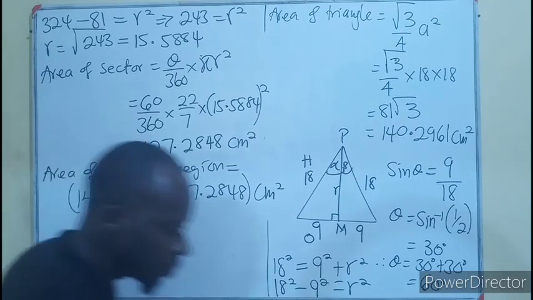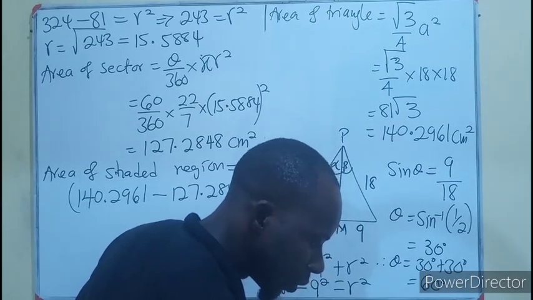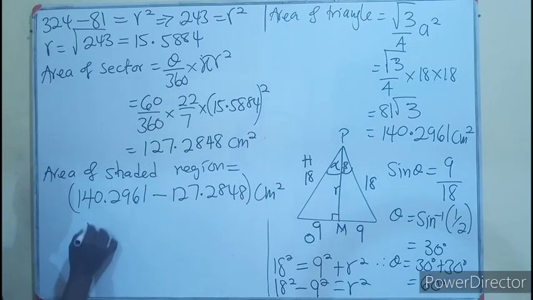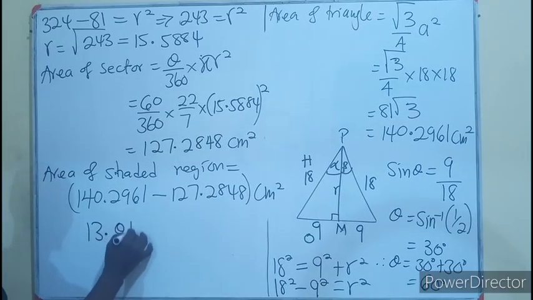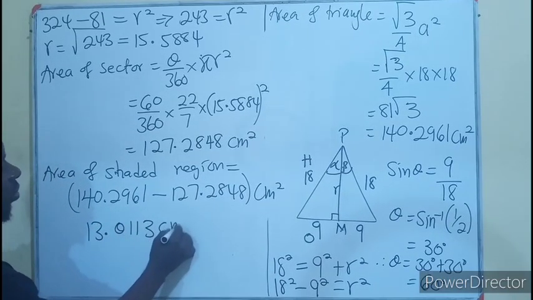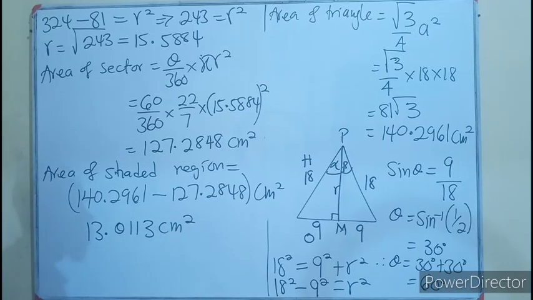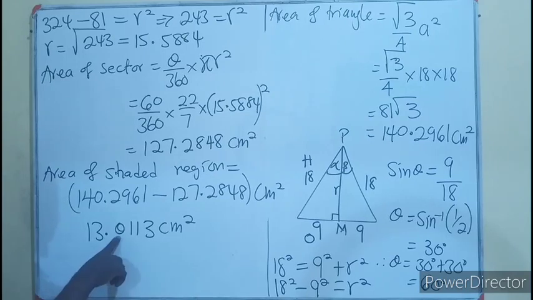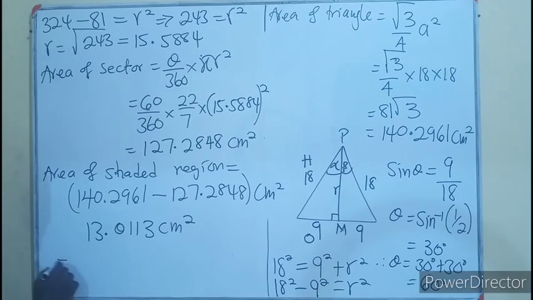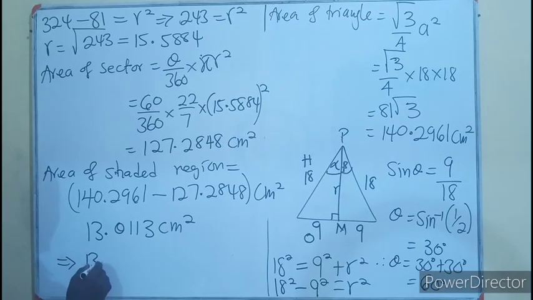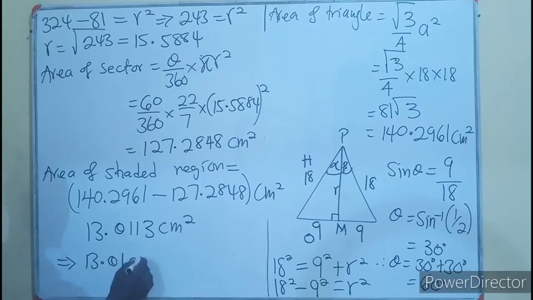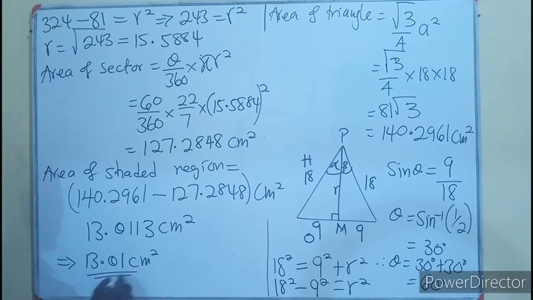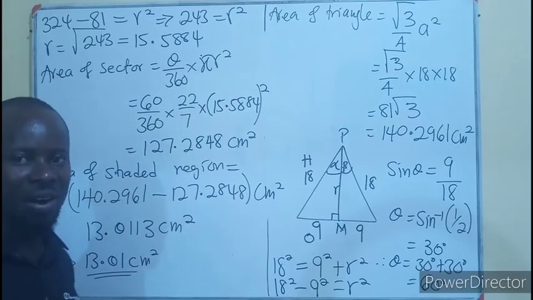And per that subtraction, we have 13.0113 centimeter squared. But the question was specific to leave our answer in 2 decimal places. So 13.01 centimeter squared is the area of the shaded region of this diagram.